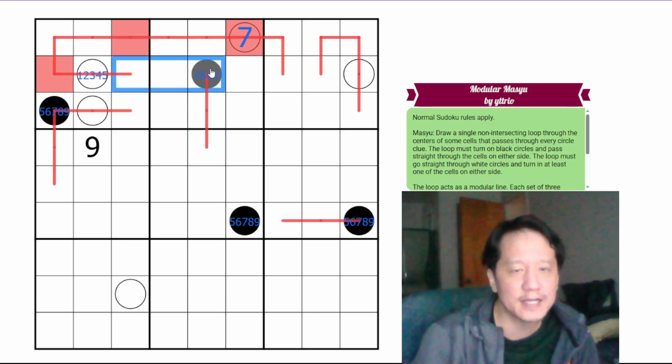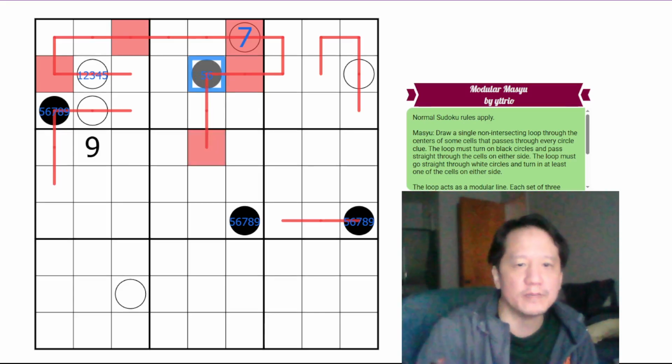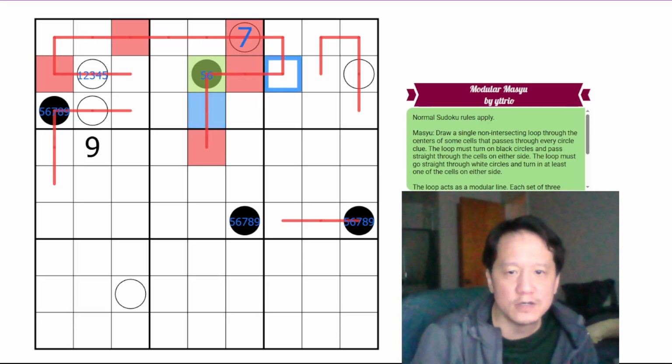So this cannot connect this way, which means this must go from this way. So that has to connect that way. So this is high, which means this is high. So this is the third high, so this cannot be high. It's medium here. So this is medium, which makes this low. So this is low, this is low.